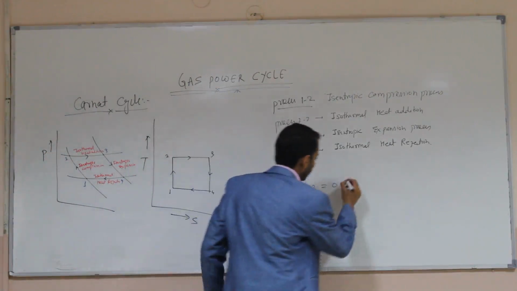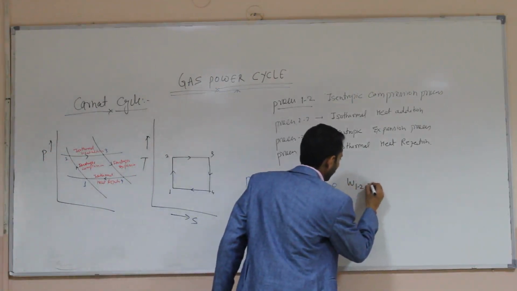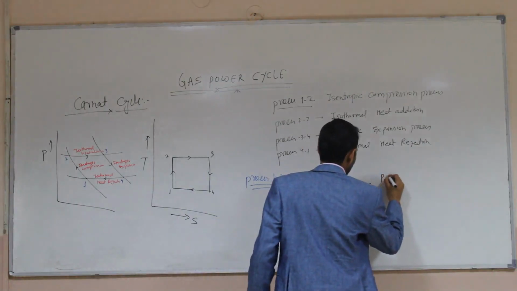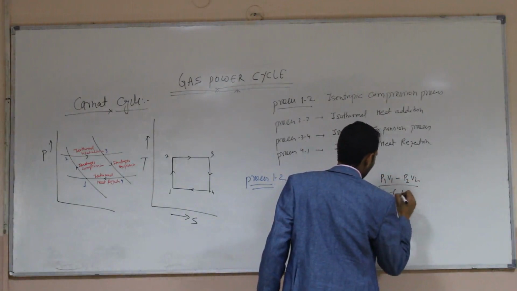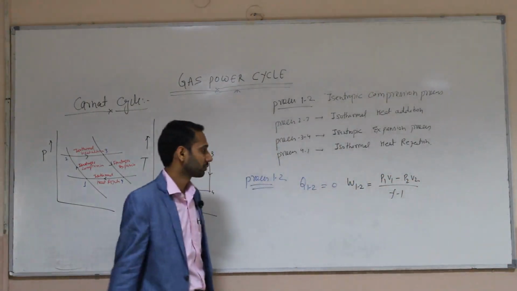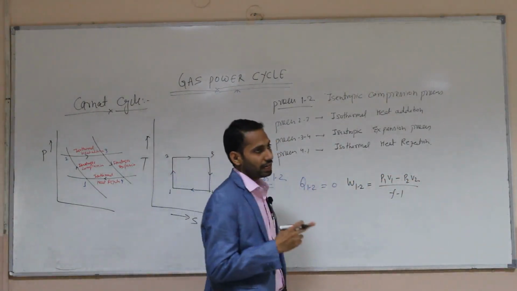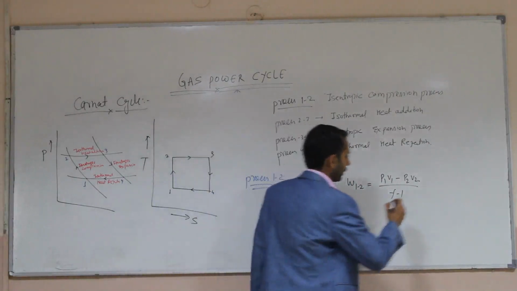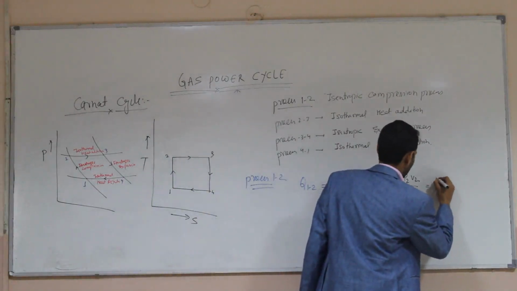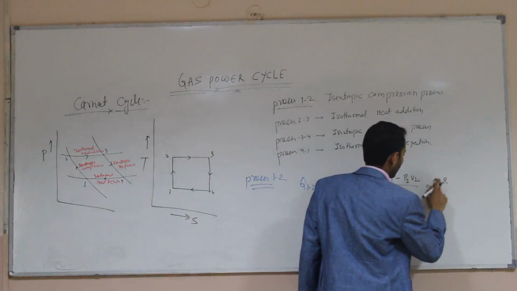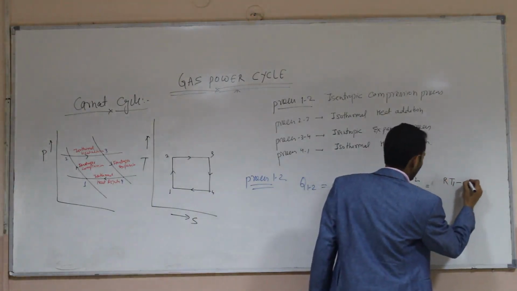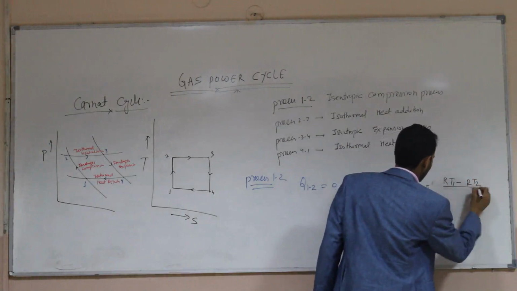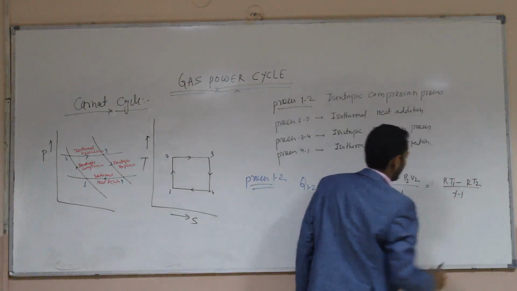Now W1 to 2. That is (P1 V1 minus P2 V2) divided by (gamma minus 1). As we all know from the ideal gas equation, PV is equal to mRT. So we will write here, considering a unit mass, (R T1 minus R T2) divided by (gamma minus 1).